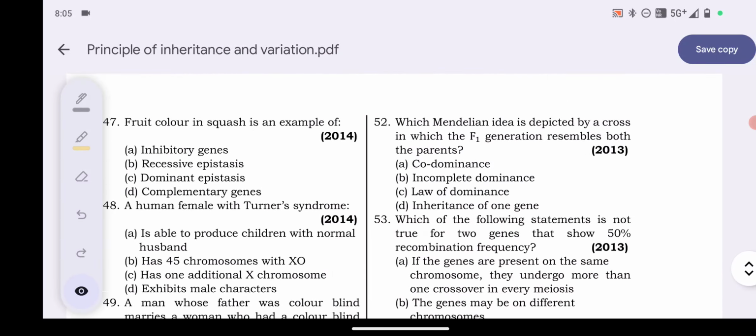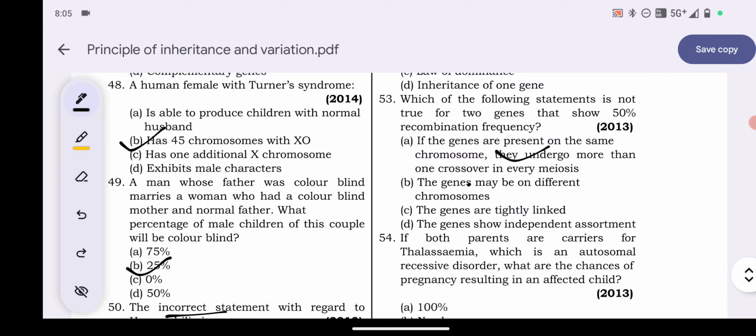Next question number 53. Which of the following statements is not true for two genes that show 50% recombination frequency? We have to find the incorrect one. Option A, if the genes are present on the same chromosome, they undergo more than one crossover in every meiosis. That is correct. Option B, the genes may be on different chromosomes.